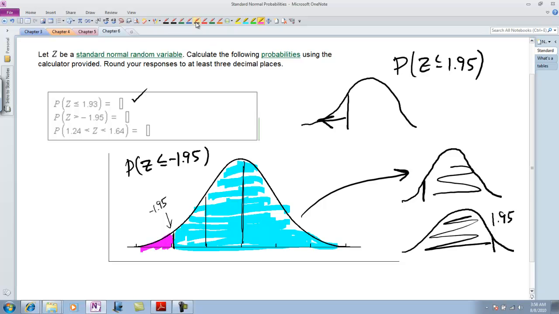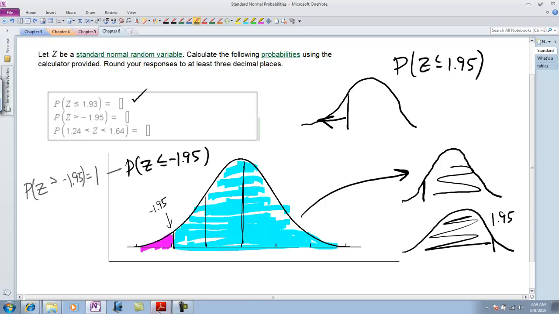So 1 minus that would be equal to P of z greater than negative 1.95. Does that make sense? These are complements of one another. If this is A, this is A complement. So if I want to find P of A, I can do 1 minus P of A complement.